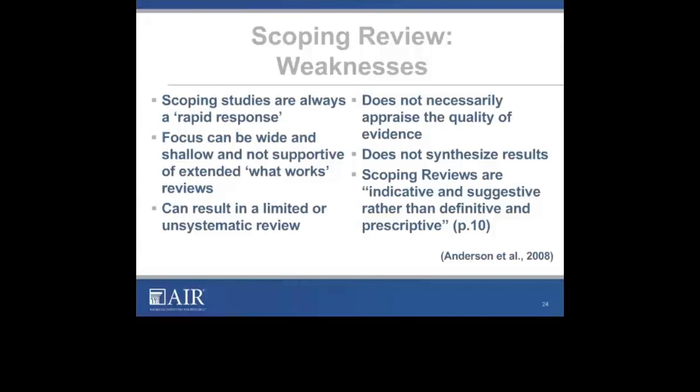One of the hallmarks of a systematic review is that there is a prioritizing of quality of evidence to justify the emphasis, the strength of evidence. And that hasn't typically been the case with scoping reviews. Having said that, that also is in transition. And we'll have a little bit more to say about that in a bit. But that at least has been the general intent in terms of evidence in the past.